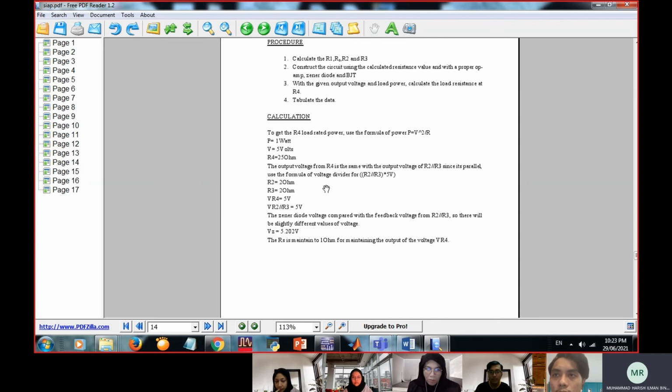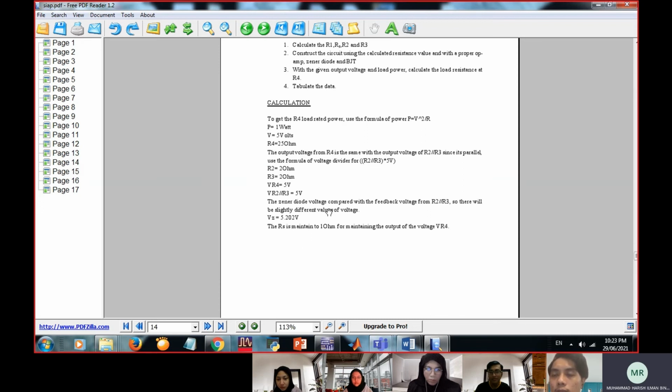As you can see, I'm assuming the value of R2 and R3 is 2 ohm, and then we get the voltage across R4 is 5 volt, and the voltage for R2, VR2, is R2 parallel with R3 times the VR4. So we also get 5 volt.